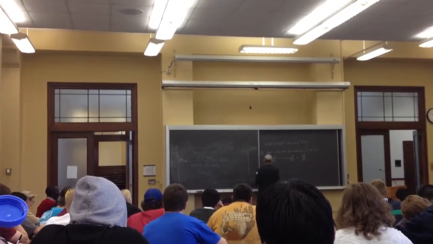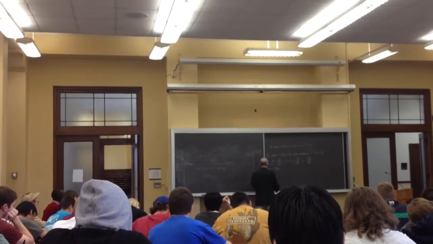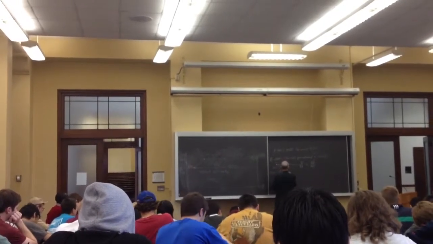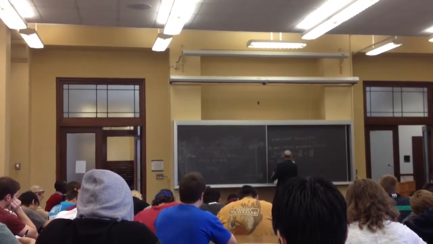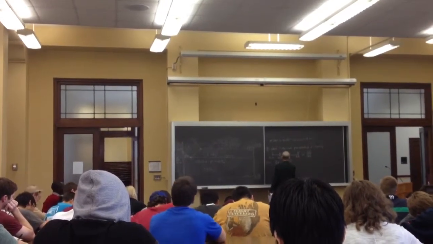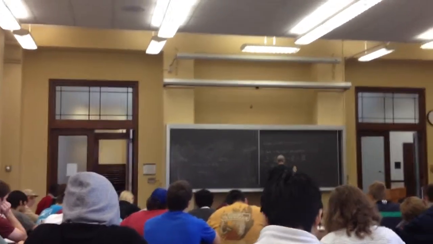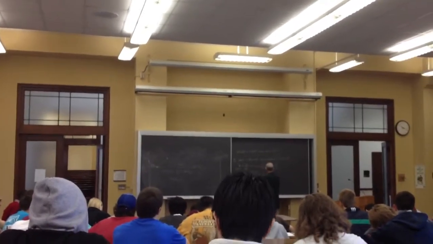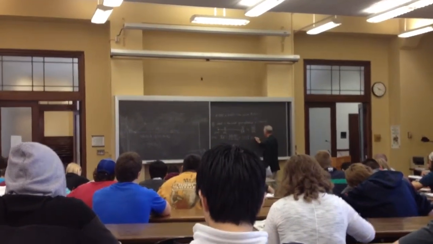So percent alpha, this is proeutectoid, is going to be 0.8 minus 0.2 all over 0.8 minus 0.022, and that comes out to be 77.1% proeutectoid alpha.